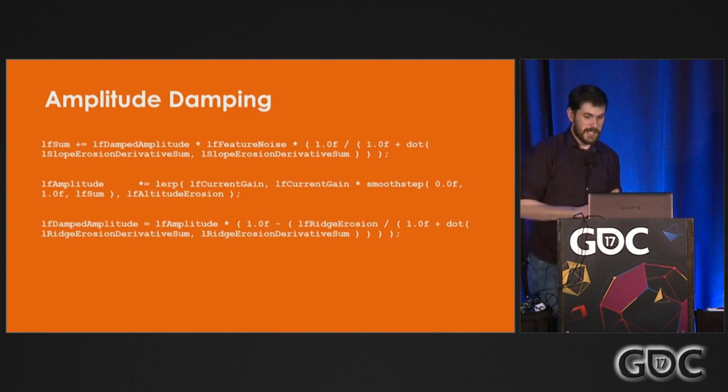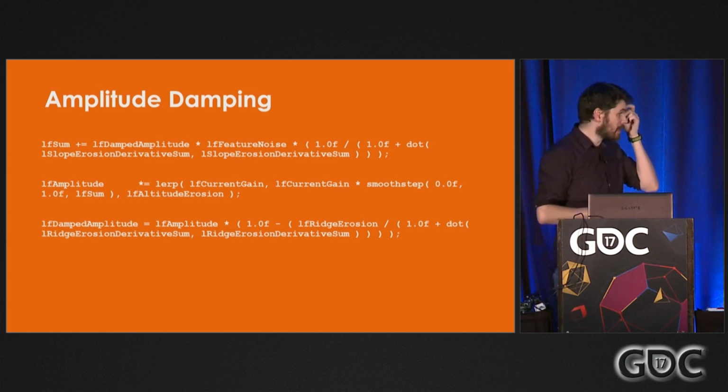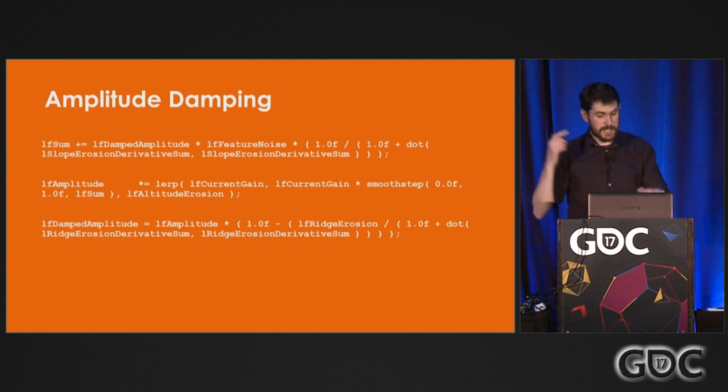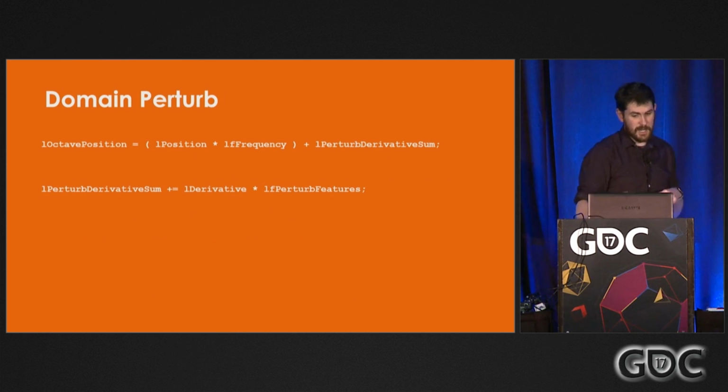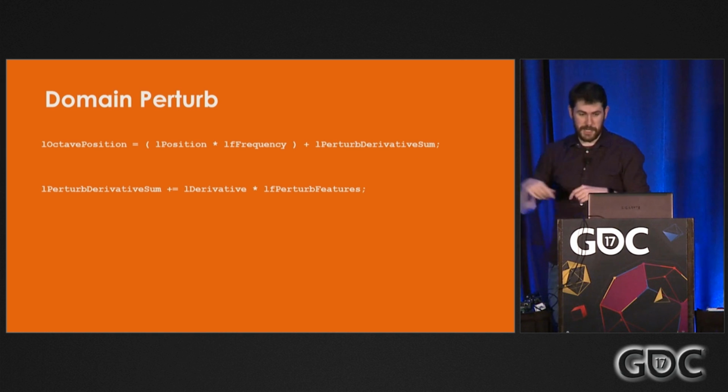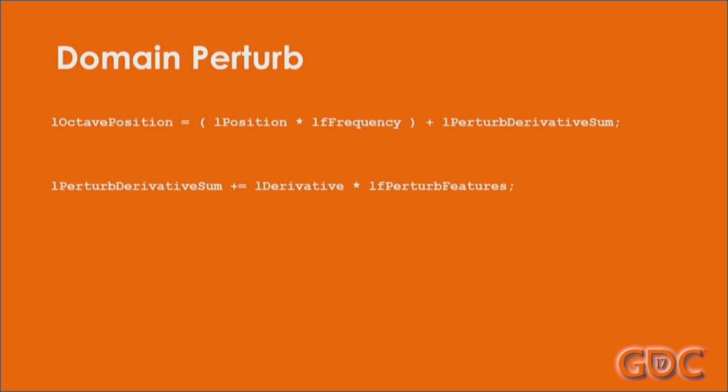So you can have tectonic erosion or glacial erosion, and you get these more smooth shapes coming in sometimes. And what you're doing is you're varying the amplitude based on the derivative. We're going to perturb the domain, so like domain warping, those are going to create our nice little flows of rivers and things.